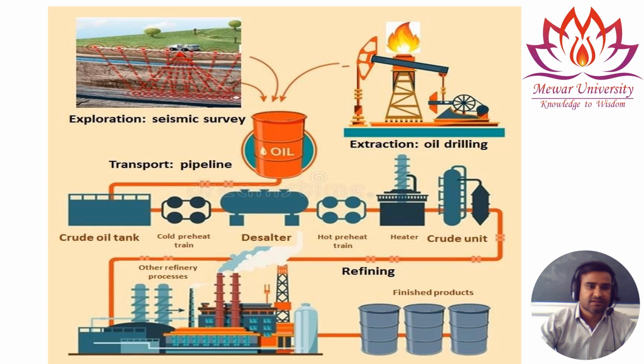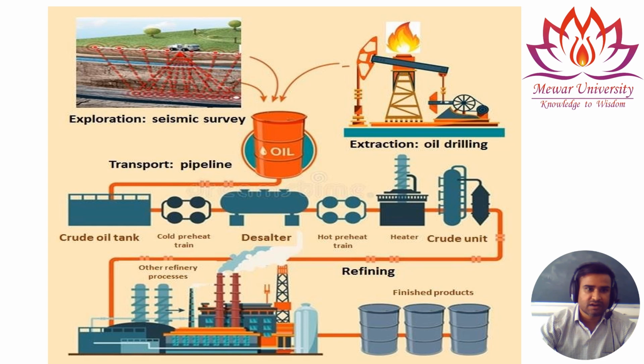These are the different production activities, how the petroleum is produced. As you know, in exploration we discover the presence of oil. Then we use a drilling rig to extract the oil, and we produce the oil using sucker rod pumps or other recovery methods.